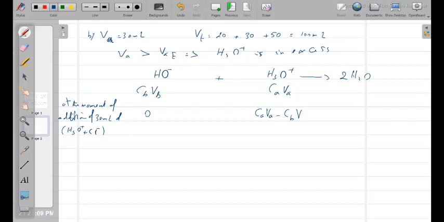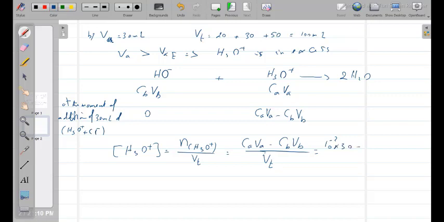That means CbVb. Therefore, concentration of H3O+ left equals number of moles of H3O+ left over V total, equals CaVa minus CbVb over V total, equals Ca 10^-2 times Va 30 minus Cb 10^-2 times Vb 20, that means 10^-2 over 100, equal 10^-3 mole per liter.